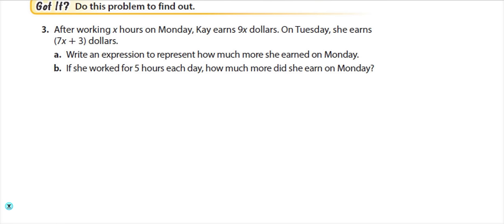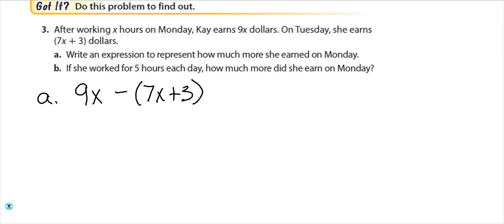All right, so we know on Monday, she earns $9x. Okay, it's how much more she earned. So we're going to subtract, and that's going to be the 7x plus 3. Okay, again, we're going to keep, change, change. Remember, the rule for keep, change, change is always when the middle sign is subtraction.